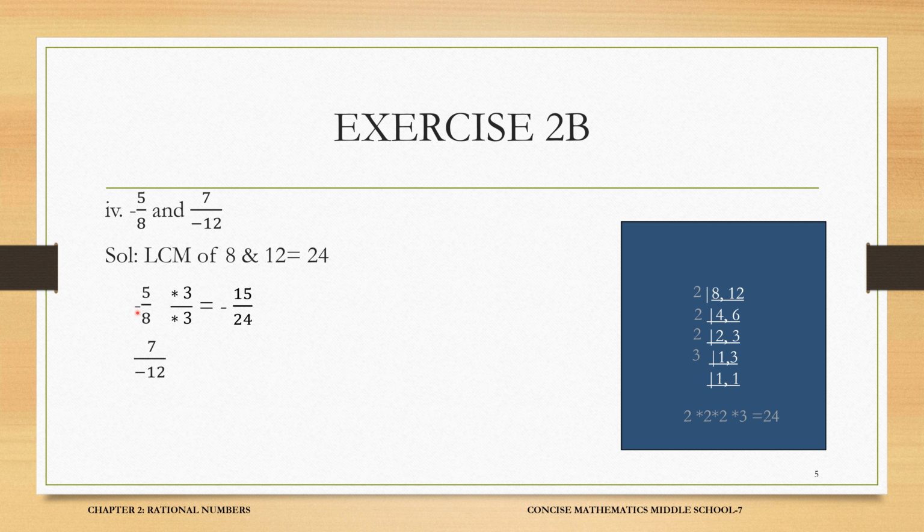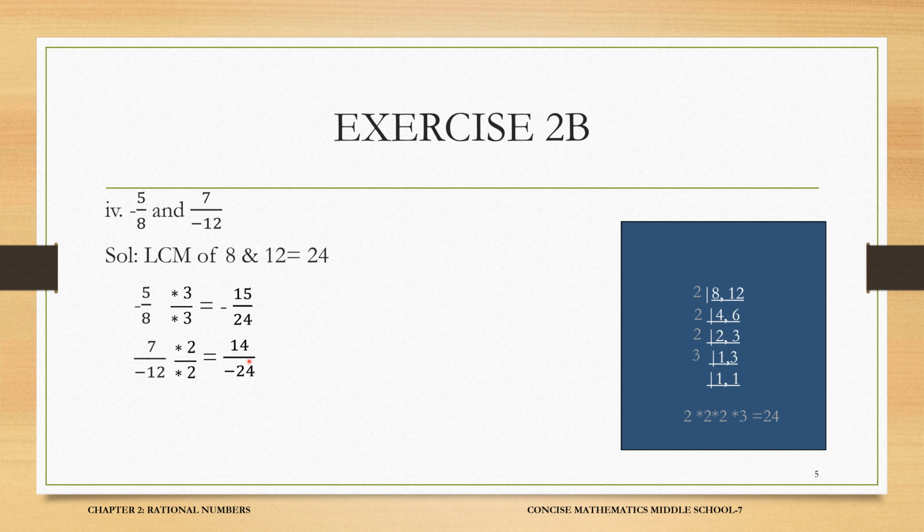Now take the second rational number, that is 7 by minus 12, and to make this 12 into 24 you have to multiply it with 2. Just check for the denominator. Because you are multiplying it with 2, even the numerator should be multiplied with 2. 7 2s are 14 by minus 24, right?